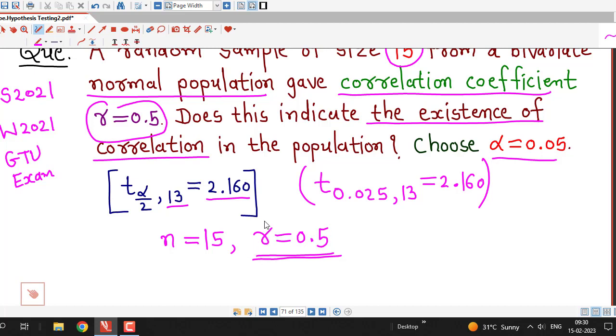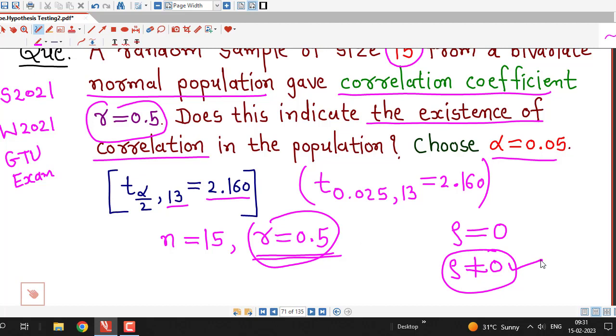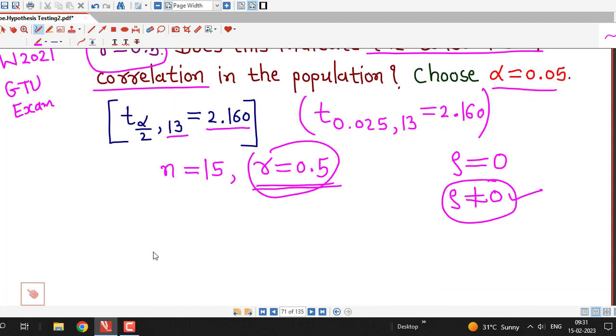Now we have to test whether there is existence of correlation in the population, that is, whether the population correlation coefficient is 0 or different from 0. That means whether the population correlation coefficient is also different from 0, or it is not significantly different from 0.